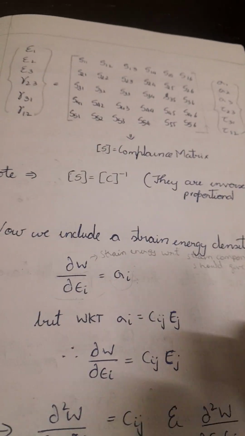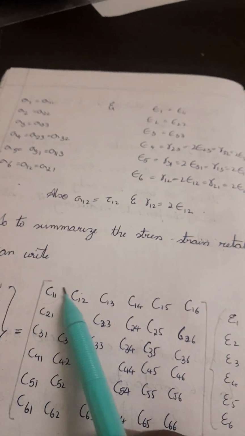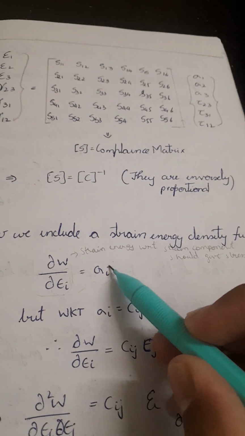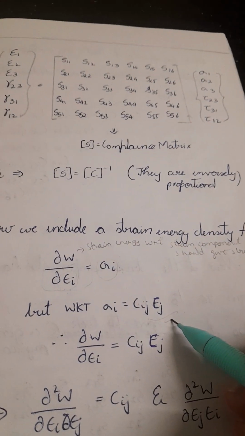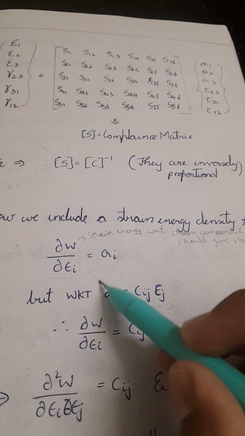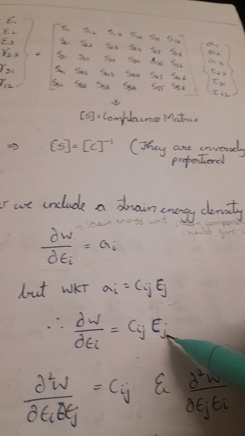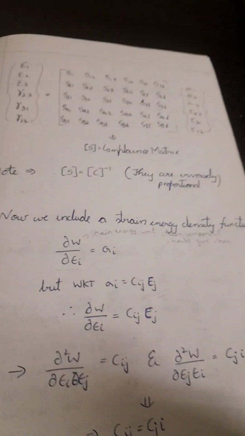Okay, but also we can write our stress component as any element, let's say Cij times my strain. So I can write my stress as this. So basically I can equate both of them. So I can write ∂W/∂Ei equals Cij times Ej. Now we take two cases.